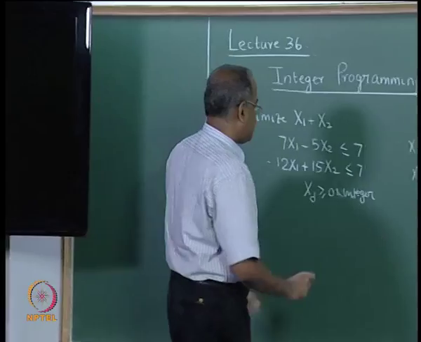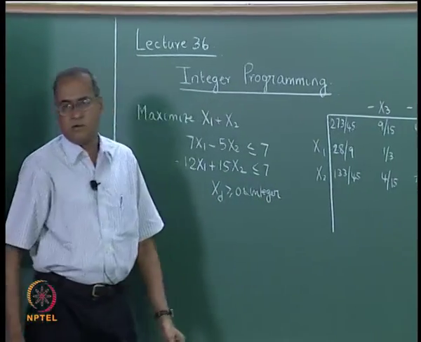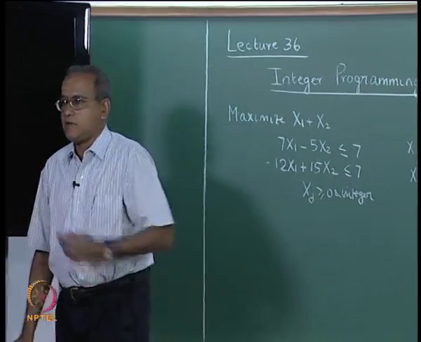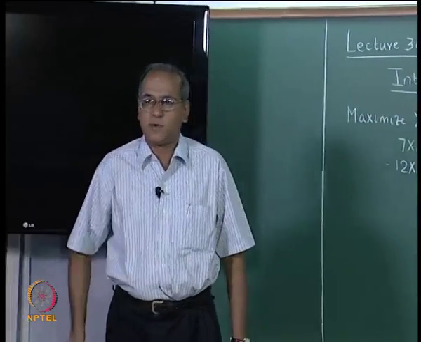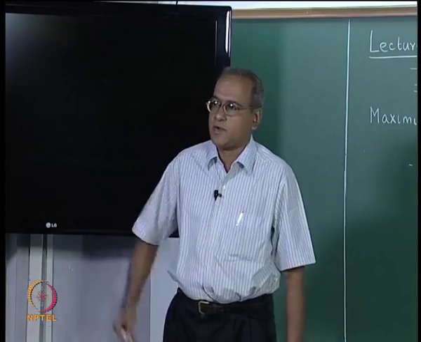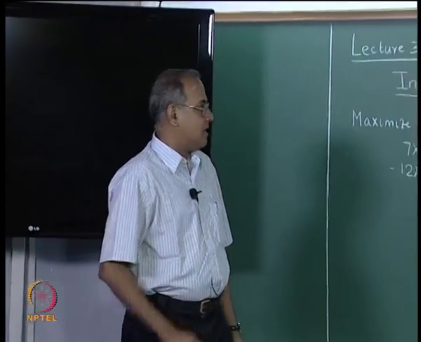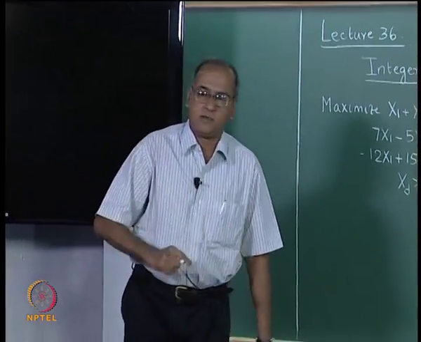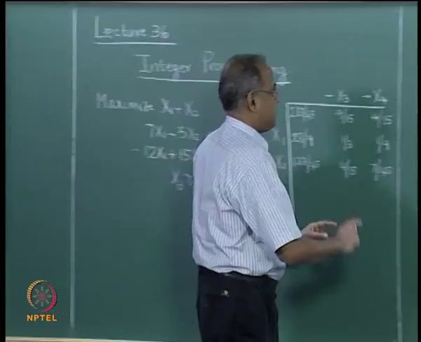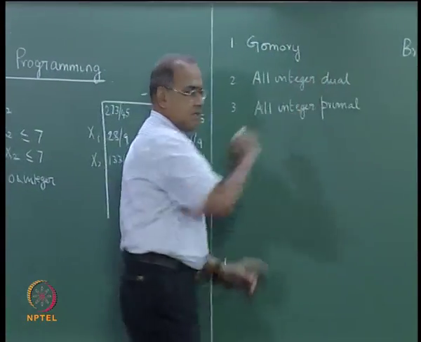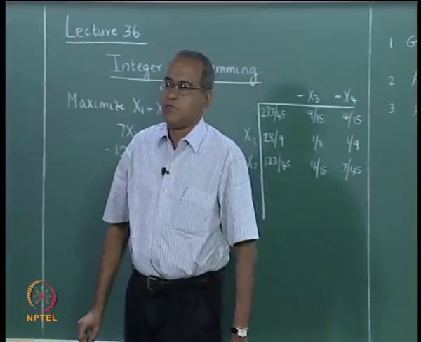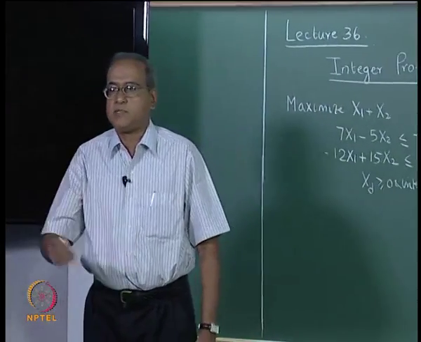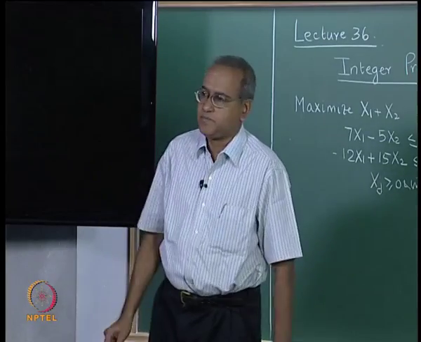If we have situations where some of the variables alone take integer values while the rest of them can take continuous values, then such an integer programming problem is called a mixed integer programming problem. In the earlier lectures, all the algorithms that we have covered so far, which are these 3 and the branch and bound, have been covered for the all integer programming problem where all the variables were restricted to be integers.